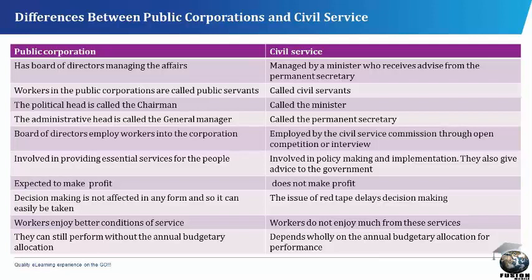Number 5, public corporation is involved in providing essential services for the people, while the civil service is involved in policy making and implementation, as they also advise the government. Number 6, public corporation is expected to make profit, while the civil service does not make profit. Instead, they are welfare oriented.